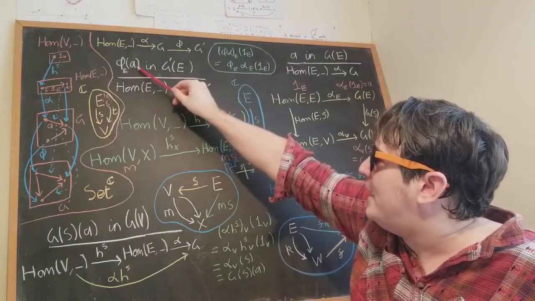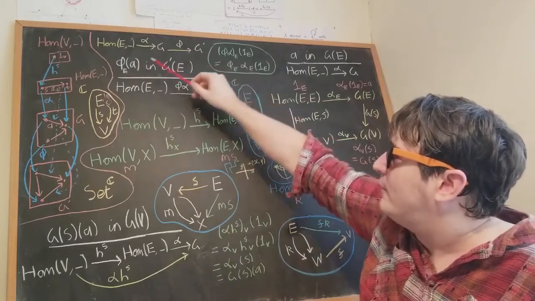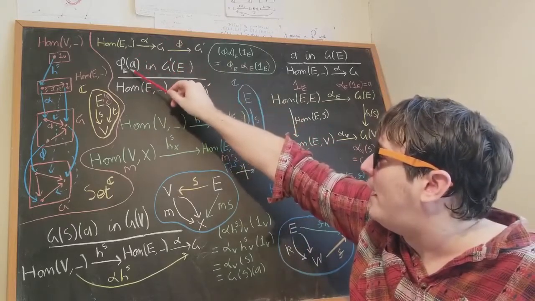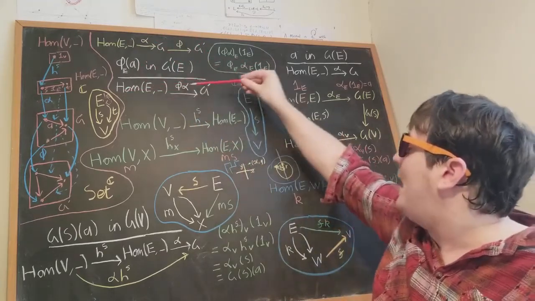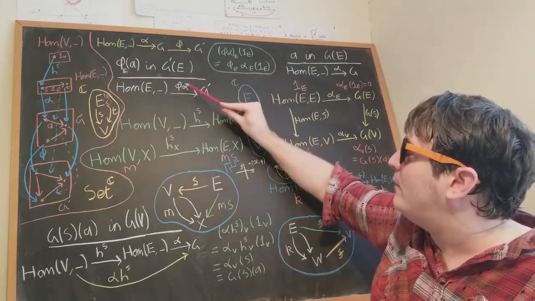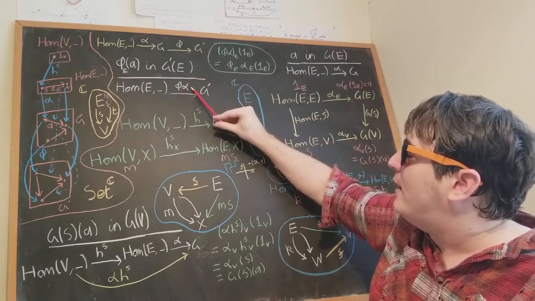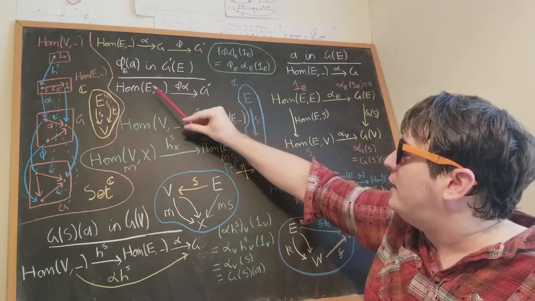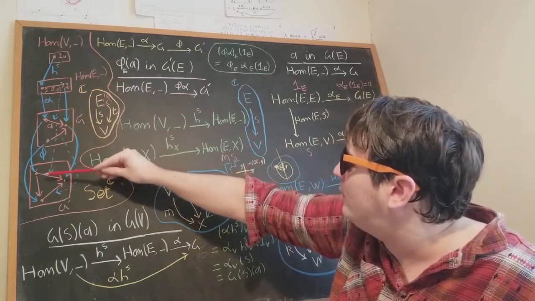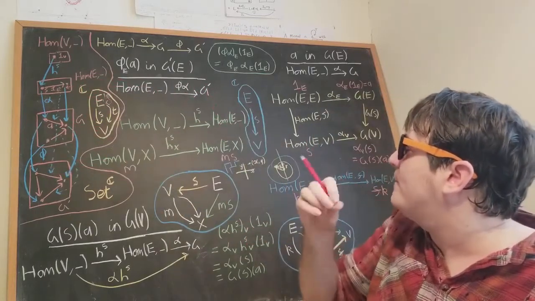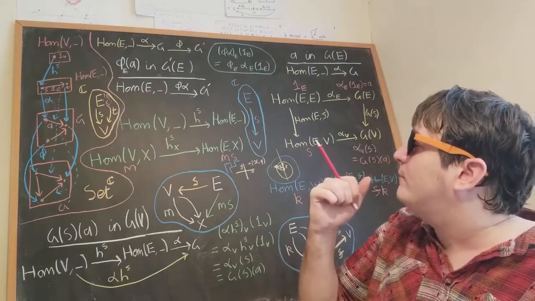Well, in general, this element here of G dash of E that we get by applying phi of E to a is going to correspond in arrow speak to this arrow phi after alpha, which is going to go from hom(E, blank) to G dash. Okay, how can we see this?